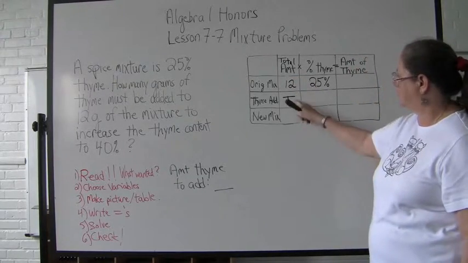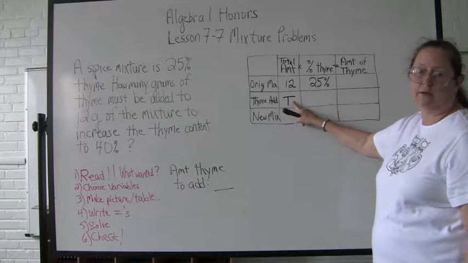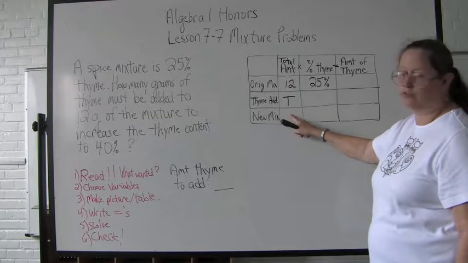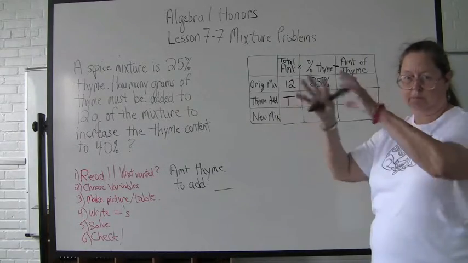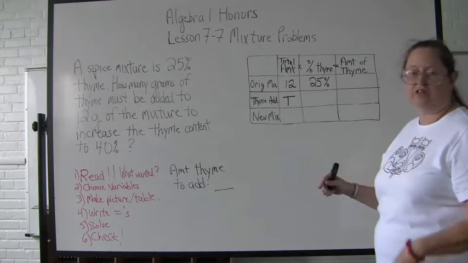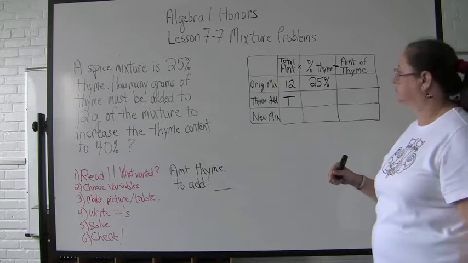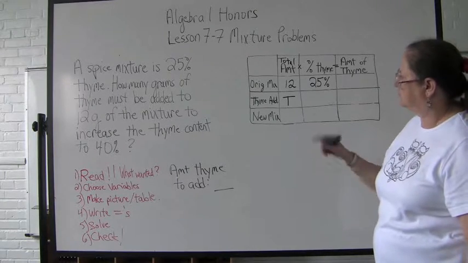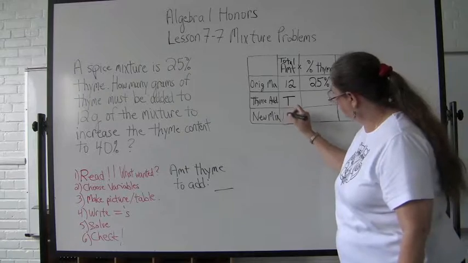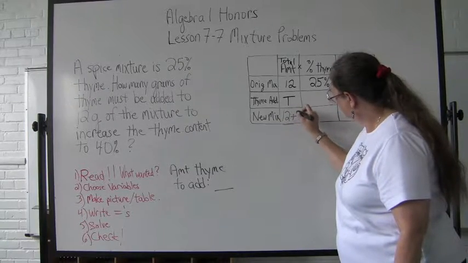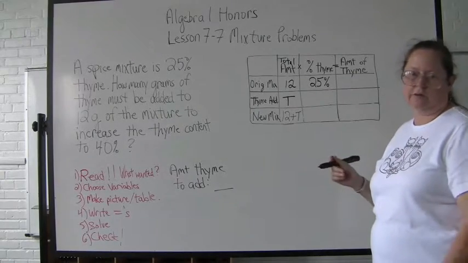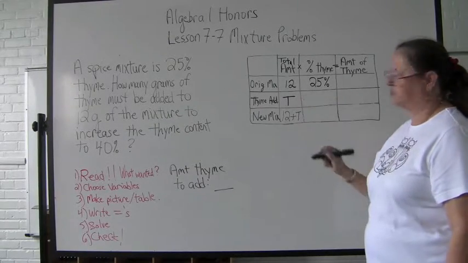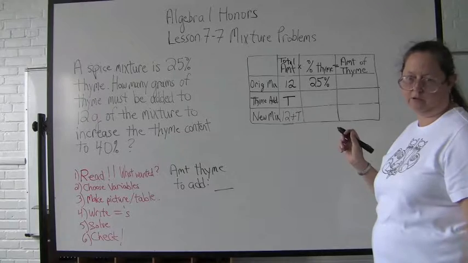Now, we don't know how much thyme we're going to add. But if we already had 12 grams in a big bowl and we add T grams more, what's going to be in our new mixture is 12 plus T. That's the total amount in our new mixture once we add T grams of thyme to it.